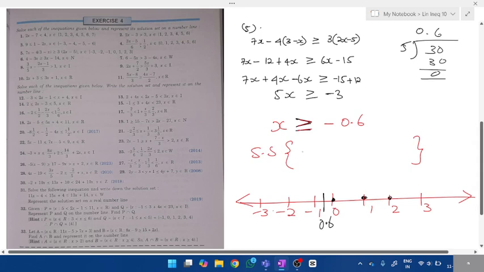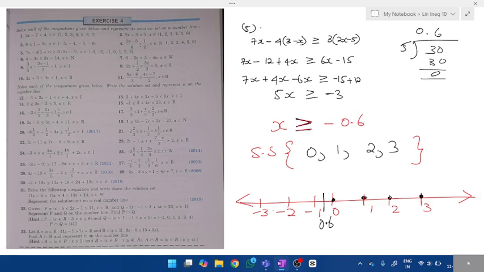So what is the solution set, Ivania? What's the answer? 0, 1, 2, 3. Yes. All of you got the same answer? Wait, let me check.